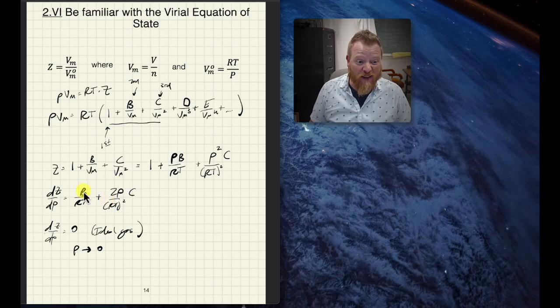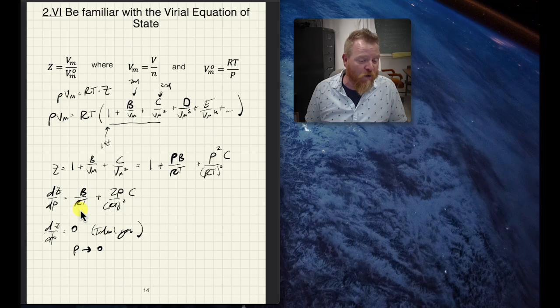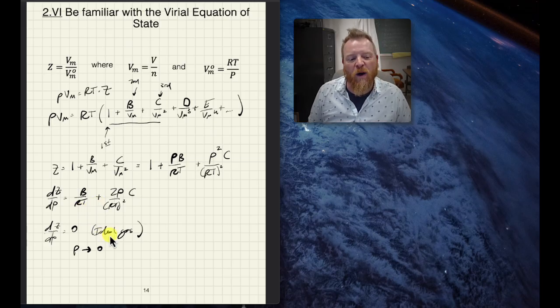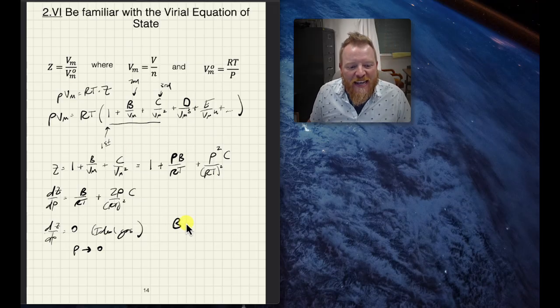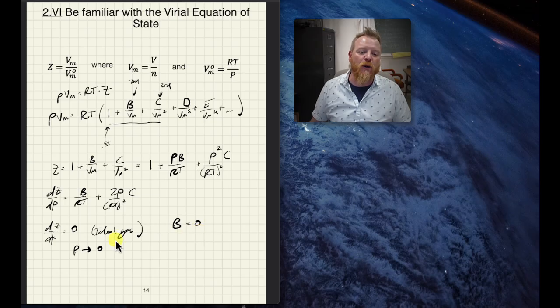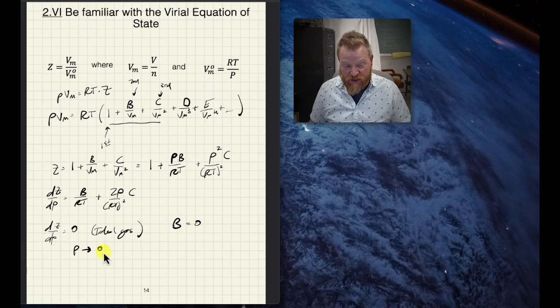And T will never be 0. So thus one way to get to ideal gas behavior is, because B is, as we'll see, a constant, as B equals 0. So when B equals 0, as P approaches 0, we will have an ideal gas.